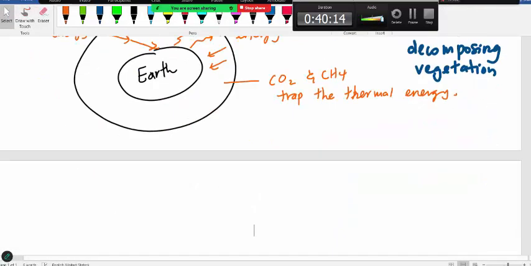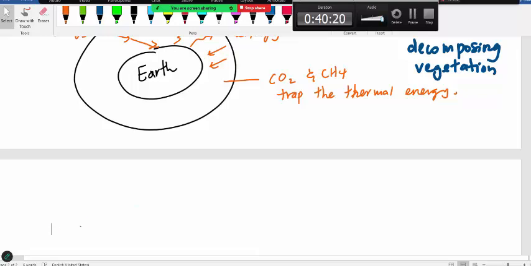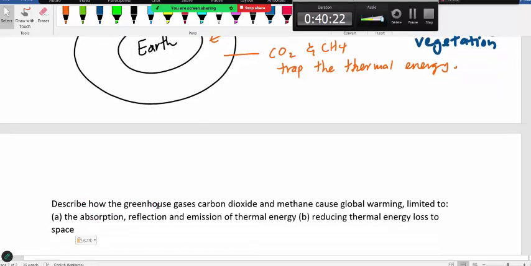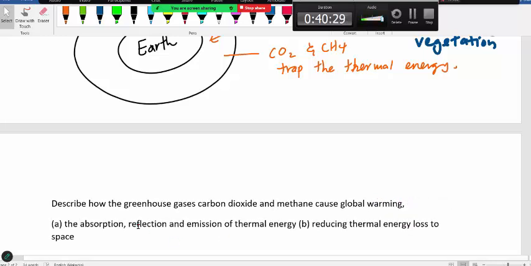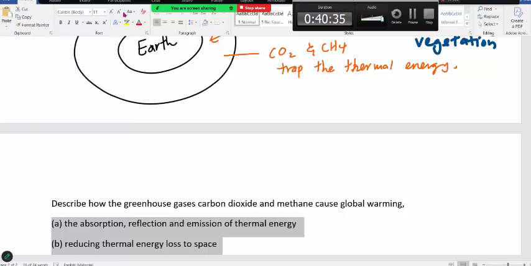So when you talk about global warming, you must talk about, okay, this one causes global warming, right? No need to write this. The absorption, this is the part that you need to write. I already wrote the first one for you.